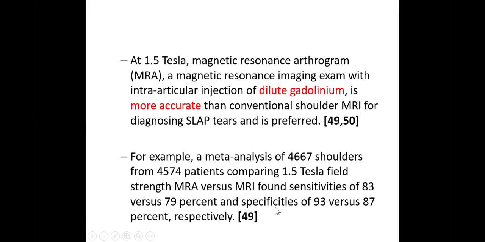So the specificity of MR arthrography was 93, which was much better than 87, which was for the MRI. So again, MR arthrography is more accurate in these diagnostic parameters as compared to the MRI.